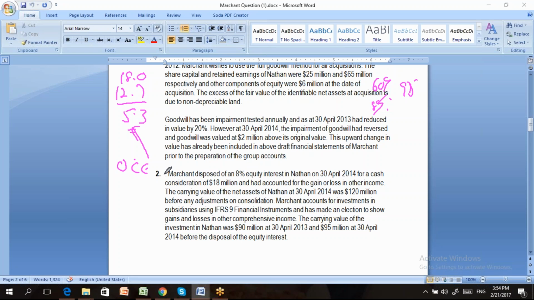I should have brought that into the main paper. 18 million; 60% was for 95 million, so 8% was for 12.7. So the gain was 5.3 million, but it should not be reflected in the P&L. It must be reflected in the other components of equity because it's not a sale of a subsidiary. It's a sale within a subsidiary, which is still a subsidiary.